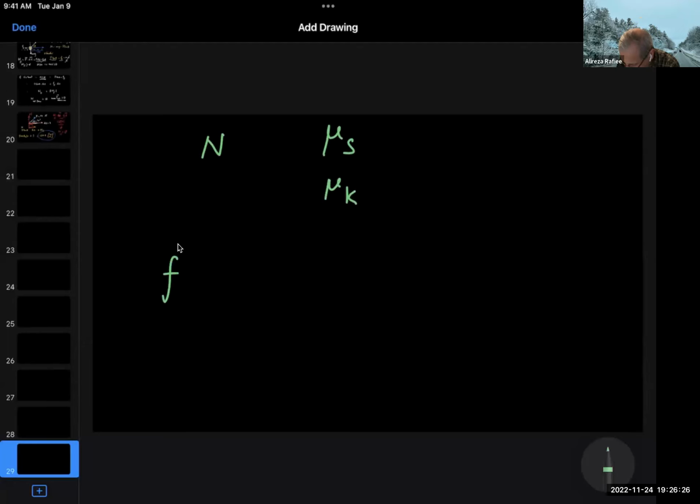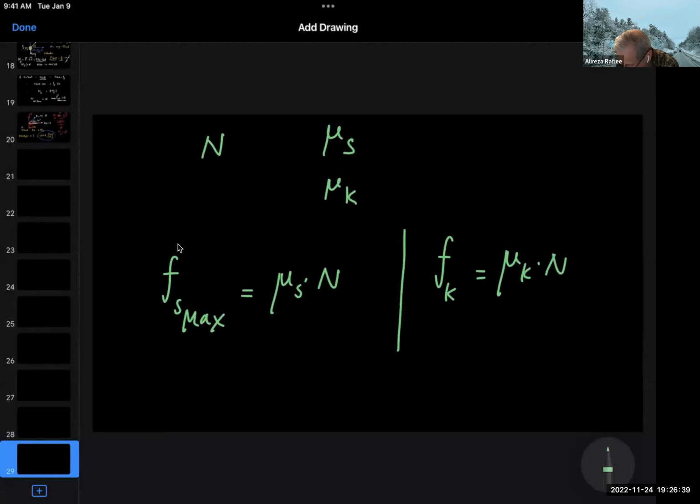There is a maximum static friction, which is mu S times N. There is a kinetic friction, and that's mu K times N. But the static friction at any moment is equal to the applied force when a is equal to 0, when the object is not moving.